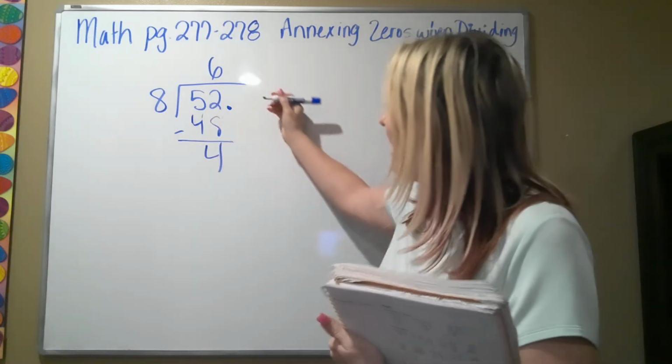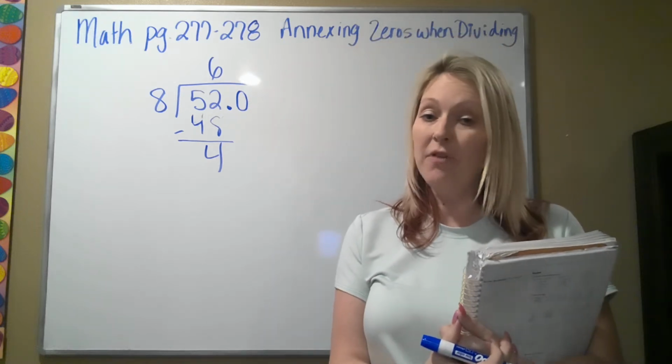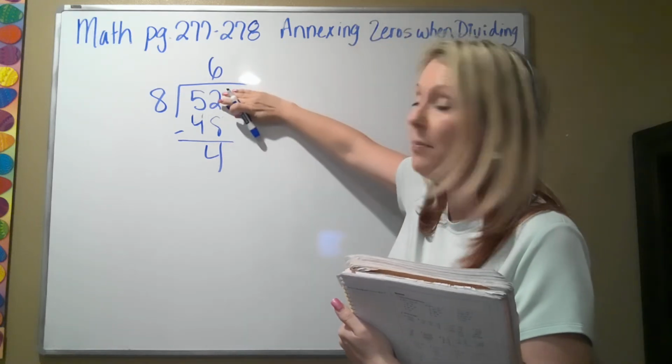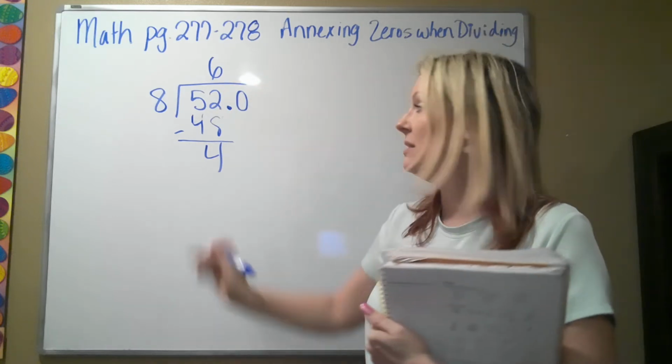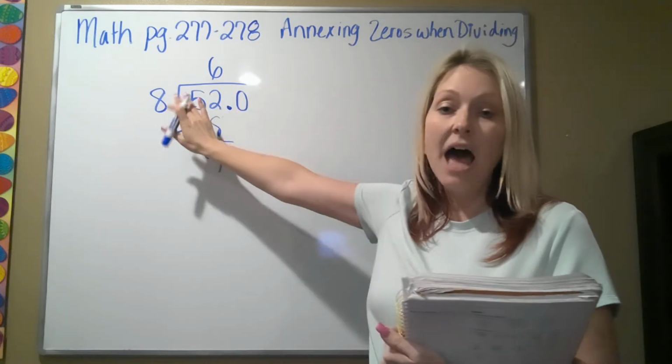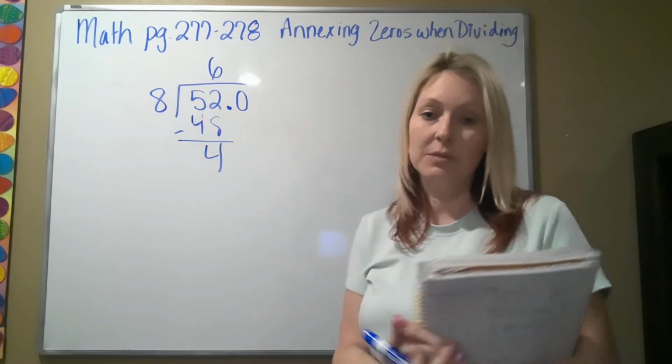If I added a 0 right here, I still have the same value, because I can drop a 0 or I can add the 0 with the decimal place. The decimal place does not change 52, okay? But remember, you have to have a decimal place there.